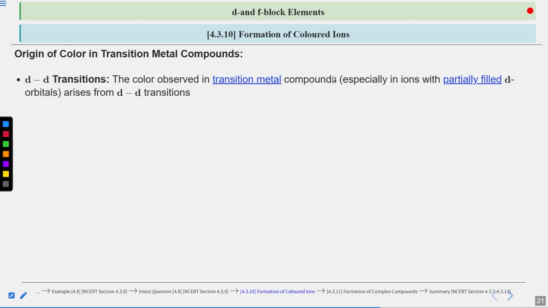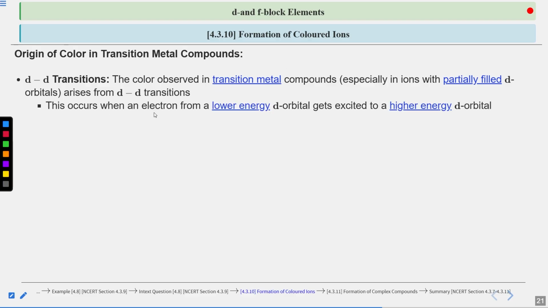and due to which the color is present in the transition metal compound. So this occurs when an electron from a lower energy d orbital gets excited to a higher energy d orbital. When an electron moves from the lower energy d orbital to the higher energy d orbital, then color is observed due to that d-d transition.